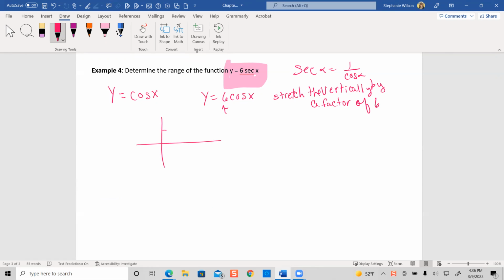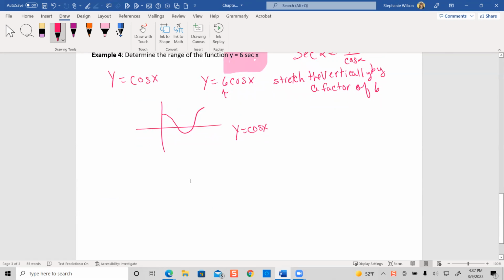Okay, very good. Now this is my cosine x. So what I'm going to do now is start applying what I got here to my graph.